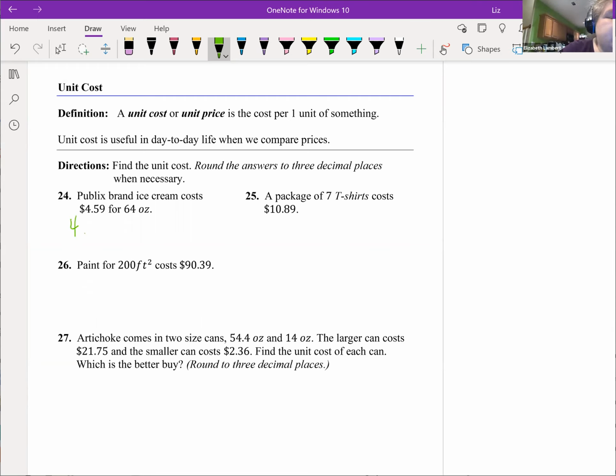All right. 4.59 divided by 64. Come back, calculator. 4.59 divided by 64 is a huge, ugly number. 3 decimal places. So this is 0.07171, blah, blah, blah.